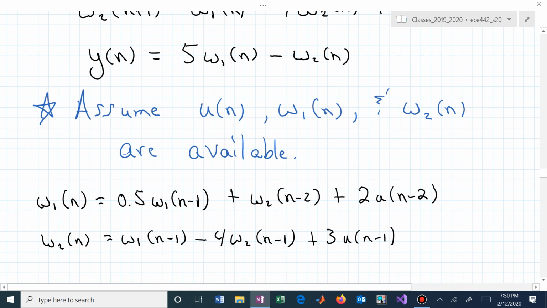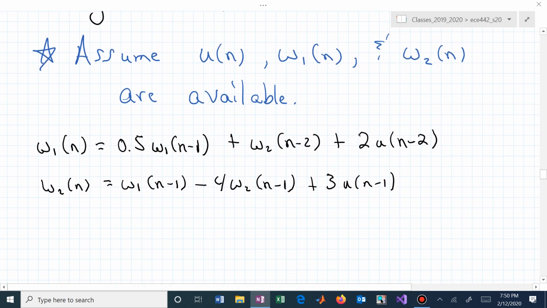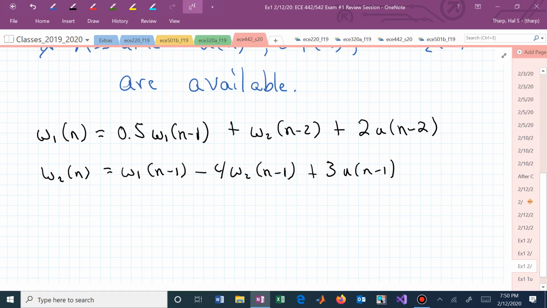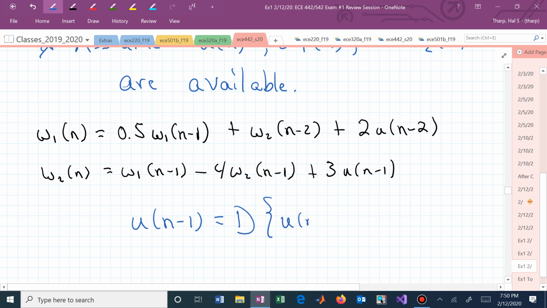Now, what am I going to do? Well, I need to somehow accommodate these delays of more than one. What I'm going to do now is rewrite in the time domain U of n minus 1, where D is my delay operator. D is an operator.